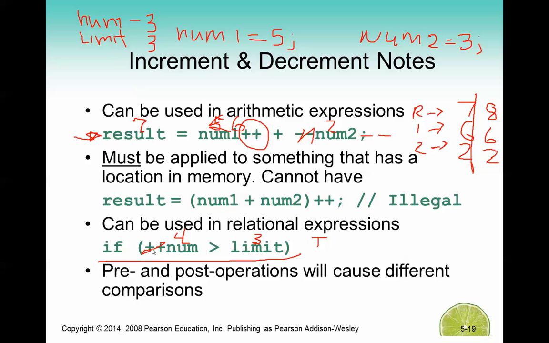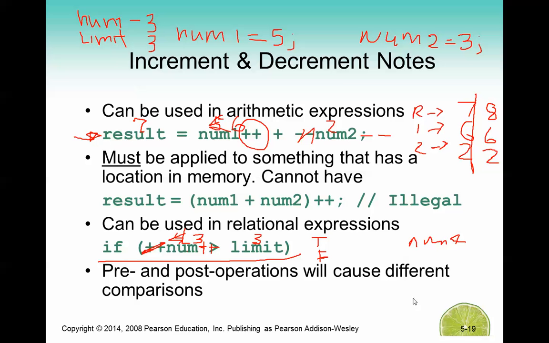What will happen if instead of having the plus plus as a pre, I have them as a post? What will be the result of this if? False. Because num is going to be a 3, and it's going to compare whether 3 is greater than 3, and the answer is going to be no. After this line is executed, then num is going to have a 4, but not for the statement itself.